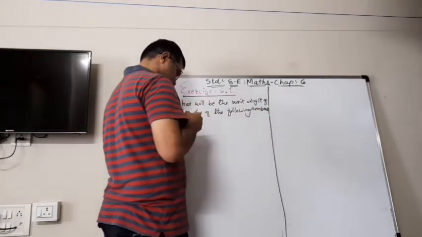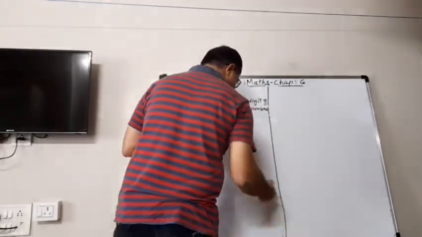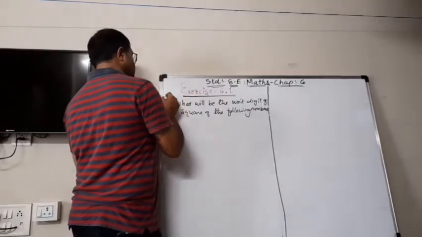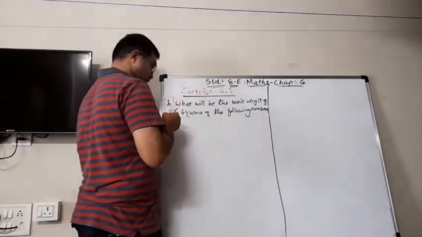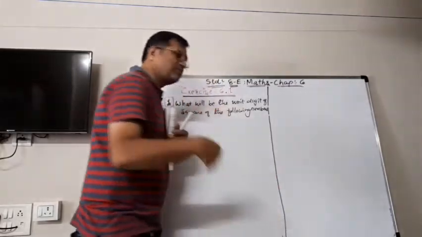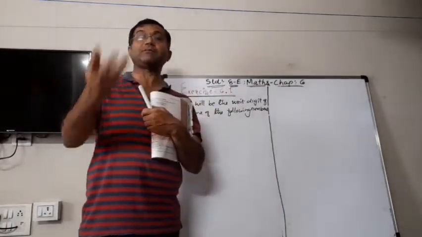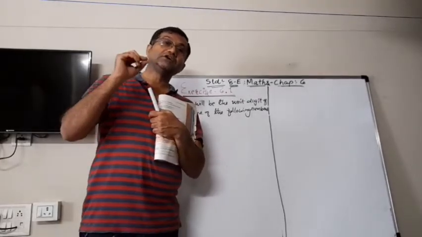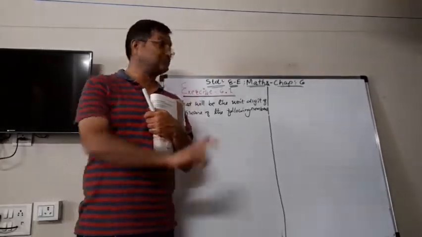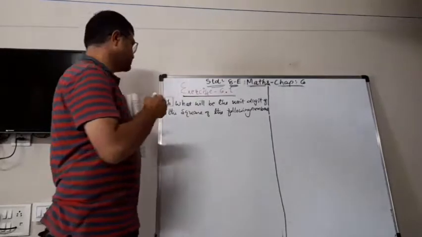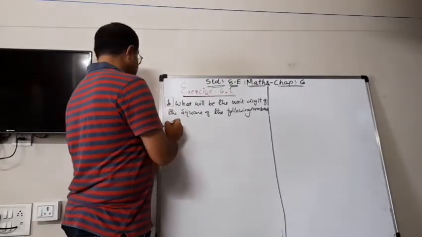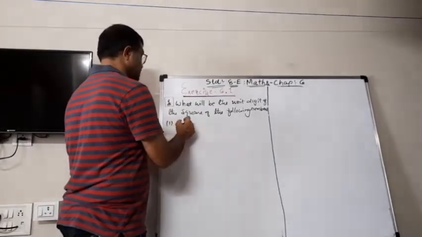Here a few numbers will be given, and we don't have to make the square, we only have to tell which digit will be in the unit place of the square of this number. The first one is 81.